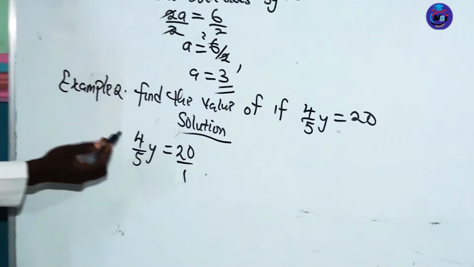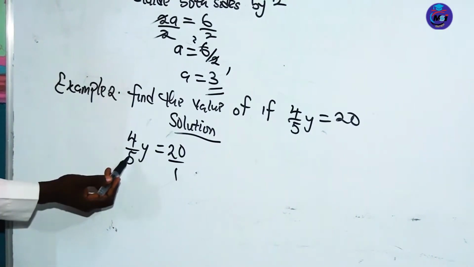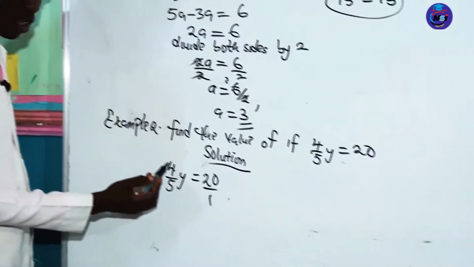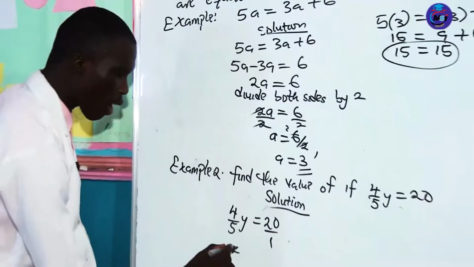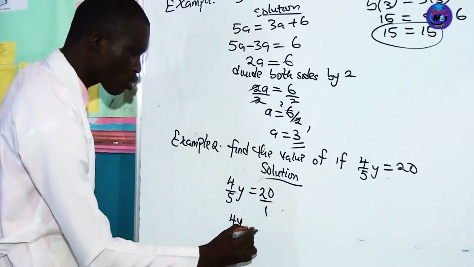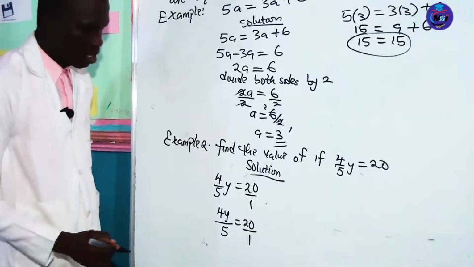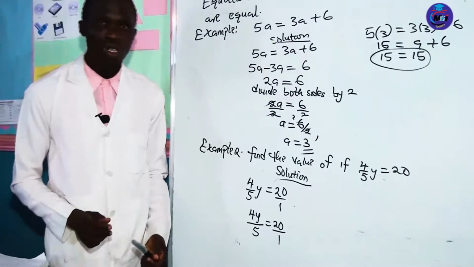But remember that this y is in between 4 and 5. But actually, this y is for 4. So what are you going to do? Just say 4y divided by 5 equals 20 divided by 1. Now, you are going to do something. We call it cross multiply.